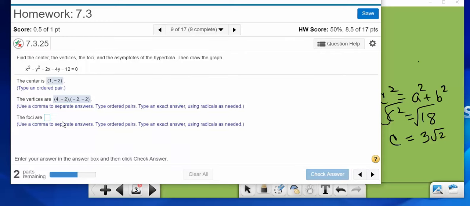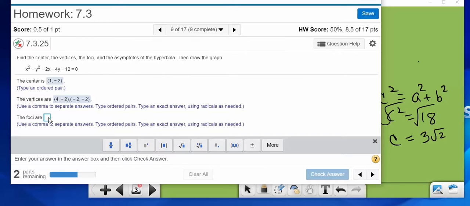And then the foci are 1 plus or minus 3 square root of 2, -2.